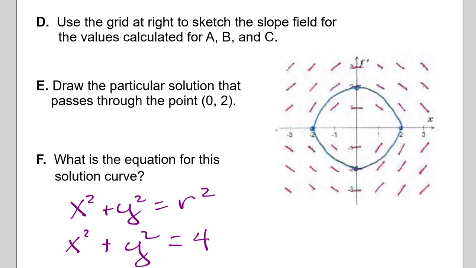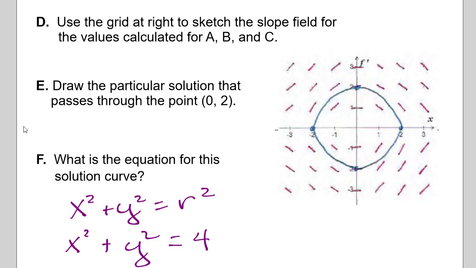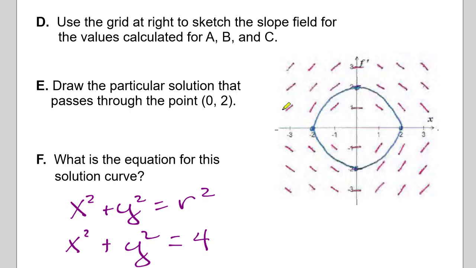And now we can answer part G. It says explain what happens to the slope field values as you move from left to right with a fixed y value. Okay, so let's take this line. All right. So if we look across this line to see what's happening with the little slope lines, we can see that we started out being positive.